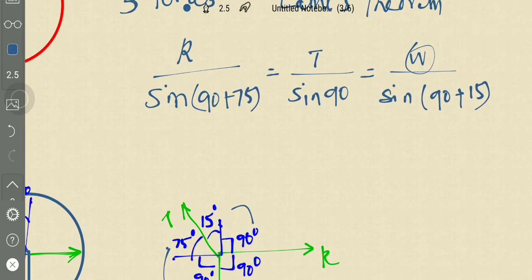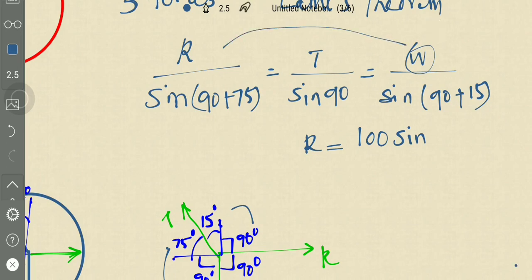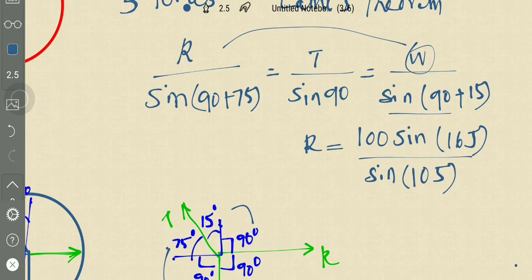So to find R, considering these two, R is equal to 100 sine (90 plus 75), which is 165, divided by sine of (90 plus 15), which is 105. Then the value of R is 26.8 newtons.